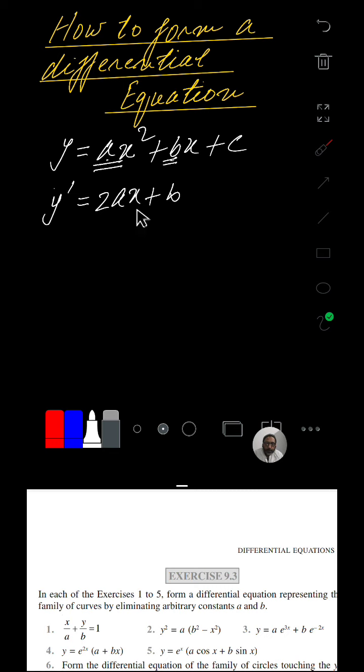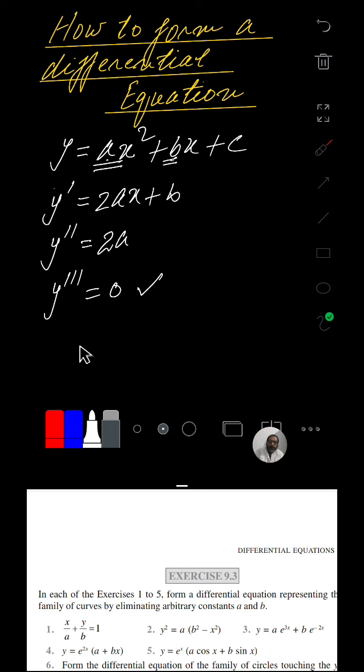And again, if we differentiate it, we get y double dash is equal to, derivative of 2ax is 2a, as 2a is constant coefficient and derivative of x is 1 and derivative of b is 0. So now only one arbitrary constant is left, so we need to differentiate it once again to get y triple dash is equal to 0. So this is our required differential equation for this solution.